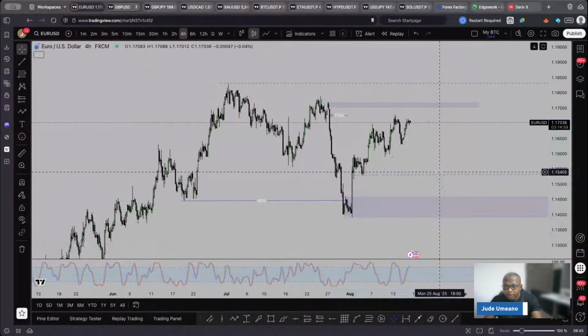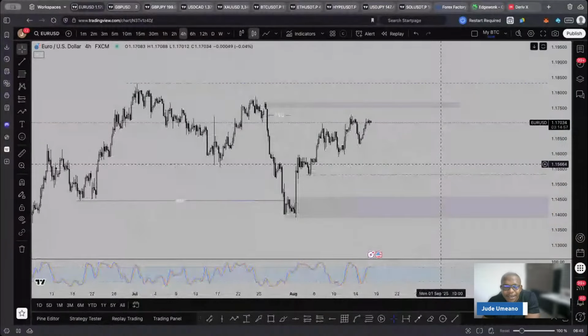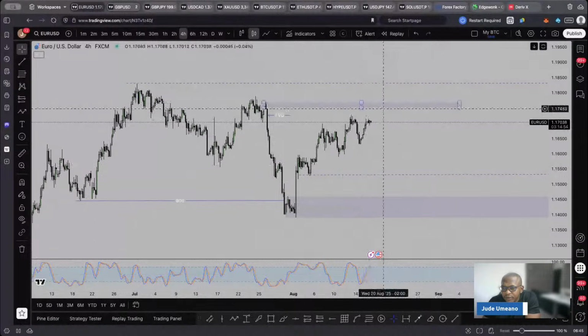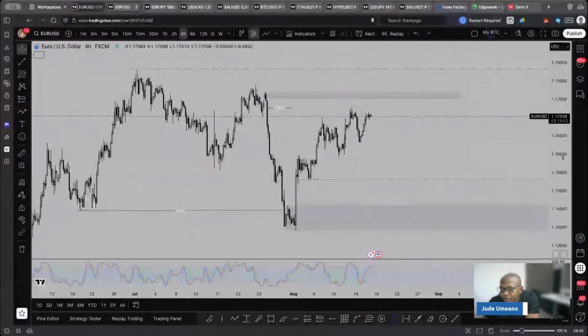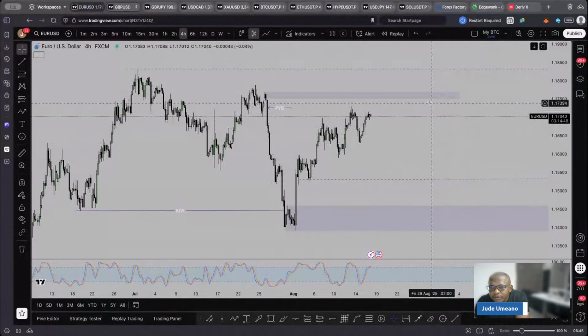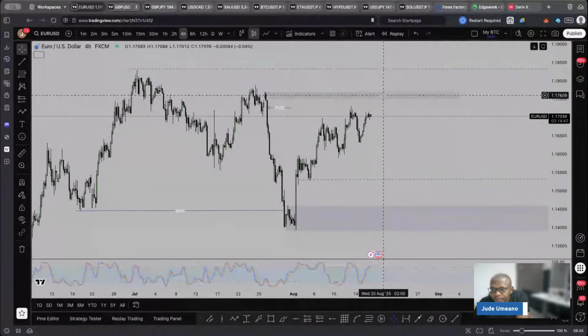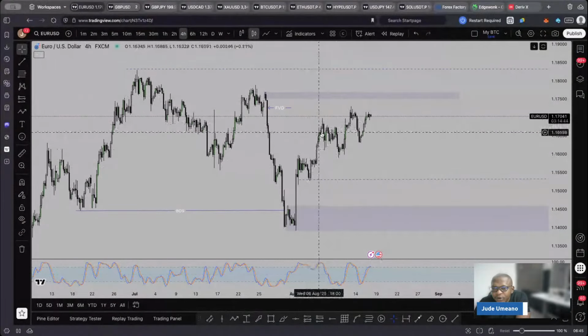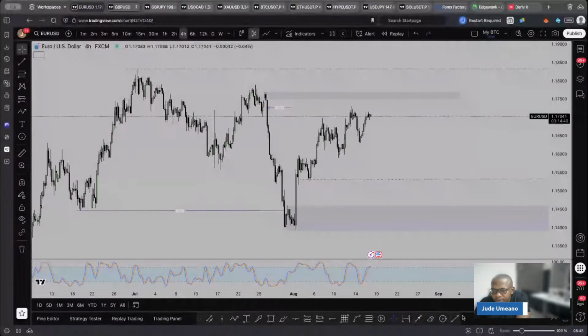But from the 4 hour, we can see that we have not even gotten to this supply area. Okay, then if you still look here, we're having some break of structure to the upside.